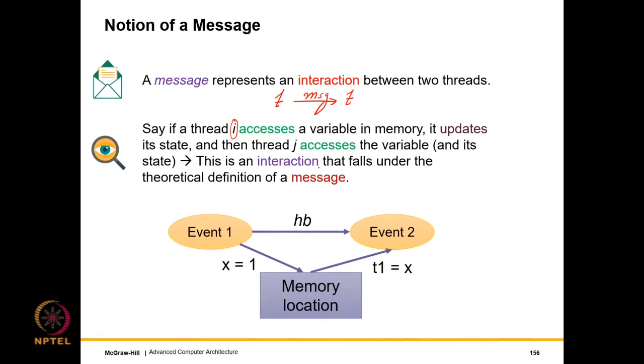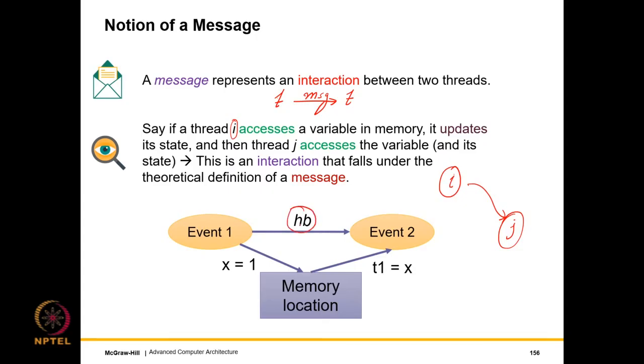This is a valid interaction that falls under the theoretical definition of a message: thread I writes to a variable and thread J reads it. Even though it's not a direct message, thread I wrote a value and thread J read it. We have already looked at this in previous lectures.